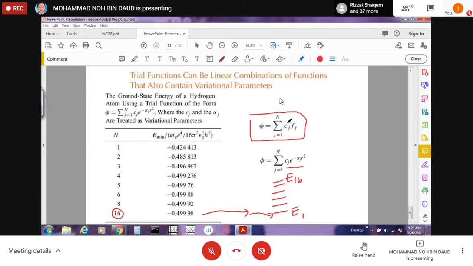So if you include an infinite number of basis functions, of course you will be able to find this approximate energy approaching the exact energy, which is 0.5. This is the exact energy if you use an infinite number of basis functions.